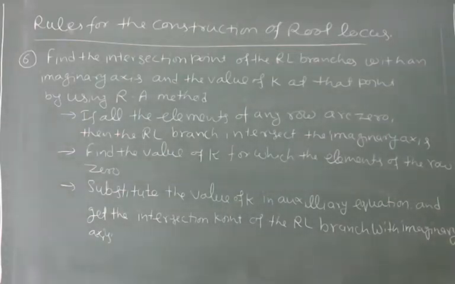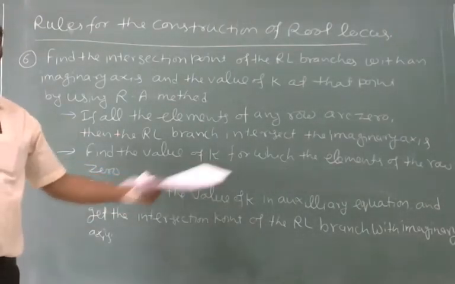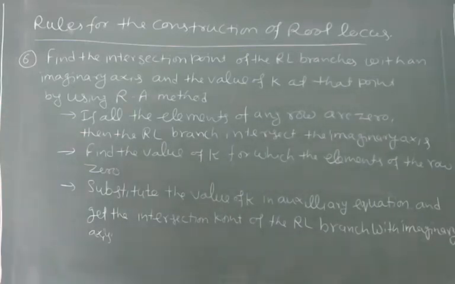As we know that the roots of the auxiliary equation will also satisfy the characteristic equation, so on solving the auxiliary equation with this value of k, we'll find the intersection point of the root locus branch on the imaginary axis.